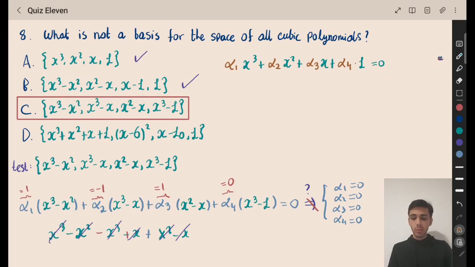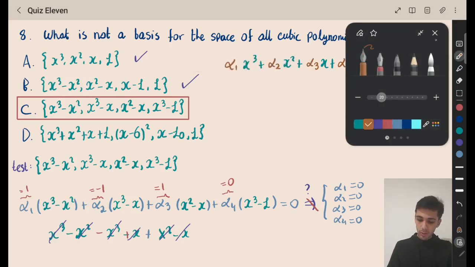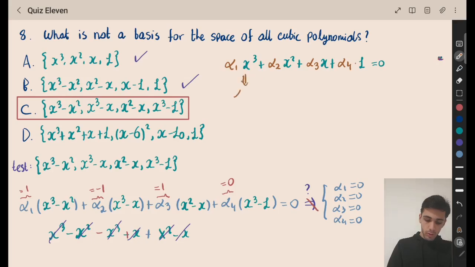Now, if this is 0, by comparing coefficients, then clearly the coefficient of x cubed is equal to 0, the coefficient of x squared is equal to 0, the coefficient of x is equal to 0, and the coefficient of 1 is equal to 0, because everything is 0 on the other side.